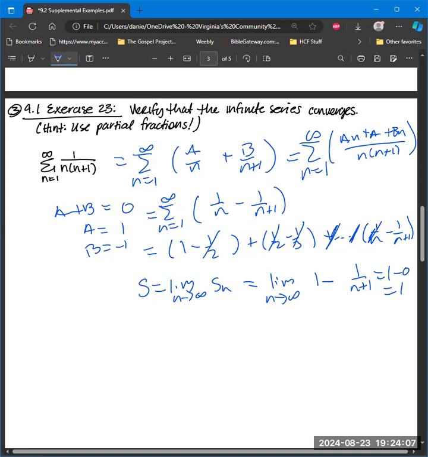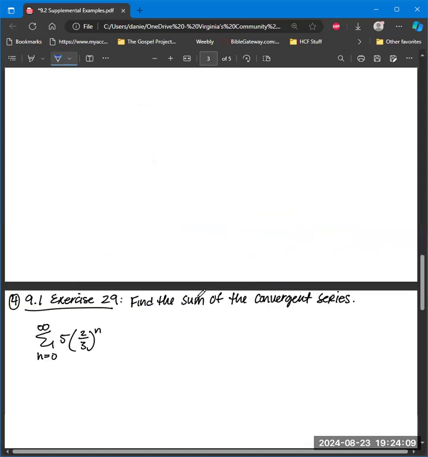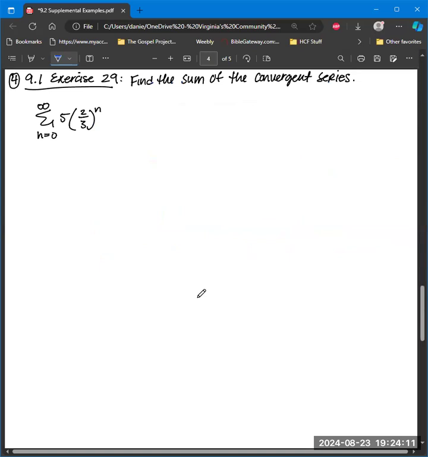Let's find the sum of the convergent series here that is geometric. So remember, for a geometric series, S is equal to a sub 0 over 1 minus r, where it's written in the form of the summation of n equals 0 to infinity of a sub naught r to the n.